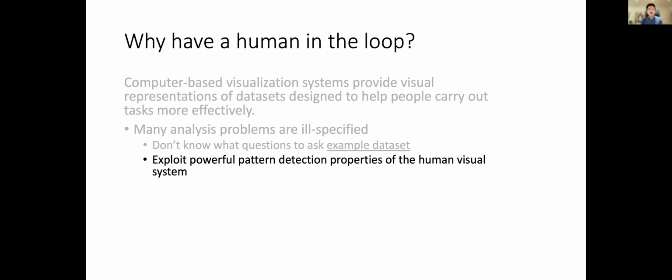But we as humans are only good at certain things. For example, if you just want to remember something, or do some complex numerical calculations, then the human brain is not very good. But we are very good at detecting visual patterns.